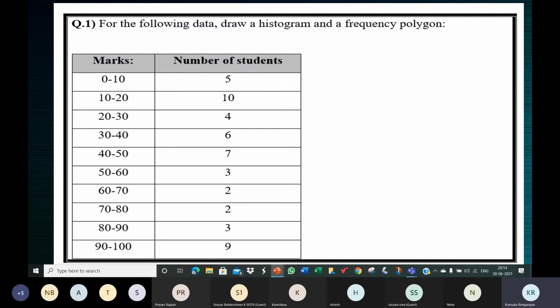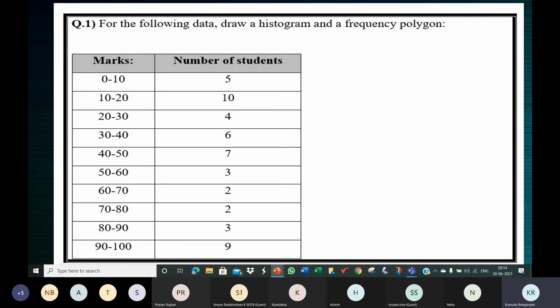Grouped means a frequency distribution that involves class intervals. A grouped frequency distribution can be represented graphically in two ways.